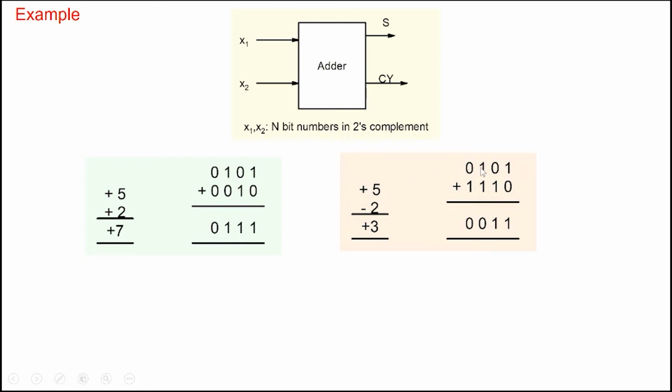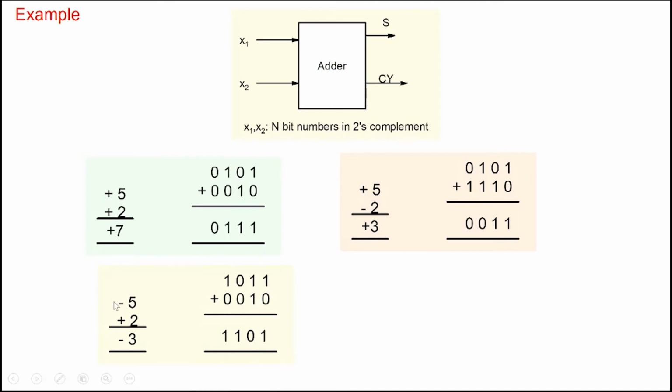Plus 5 you represent as 0, 101, and minus 2 you represent as the 2's complement of plus 2, 0, 010: 0 and 1 stay as they are, and then 1, 1. And then you add up, and you get 0, 0, 1, 1. So that's the right number, 3. So 5 minus 2 is 3.